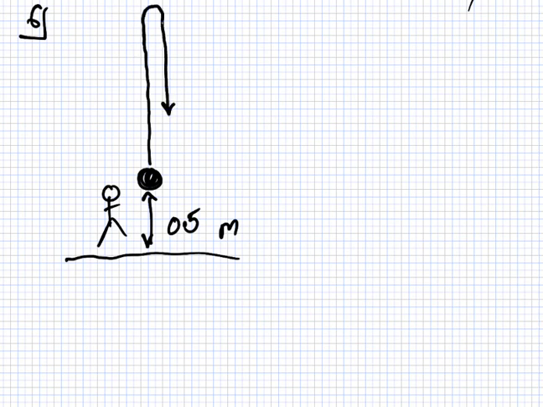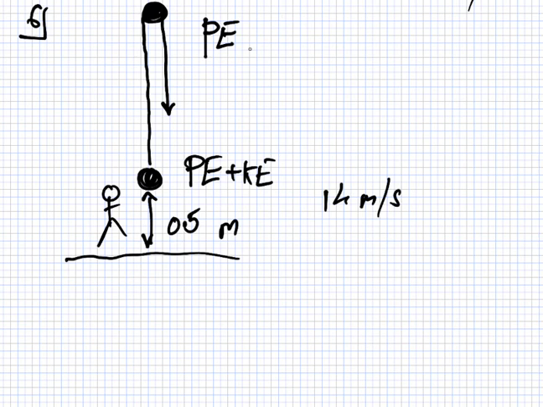At the top, is the ball moving? No, it's not. It's at rest. So what type of energy does it have here? It's only potential. And here, potential plus kinetic, because it starts off the ground. And we're given the speed is 14 meters per second. Okay, so again we have the potential energy at the top, which is mgh, equals the potential energy at the lower level, which is mg 0.5, plus a half mv squared.